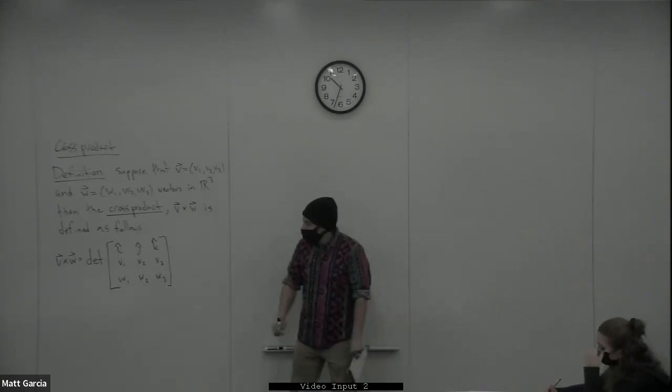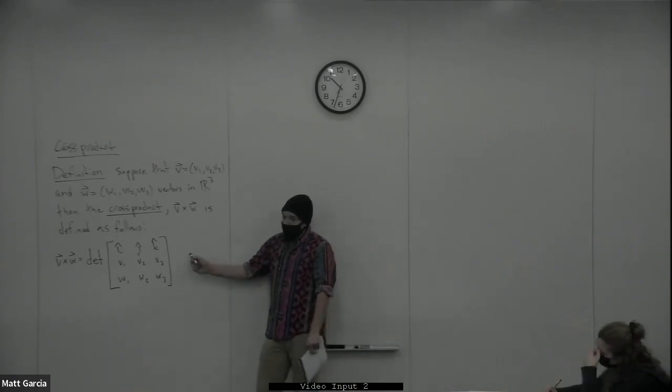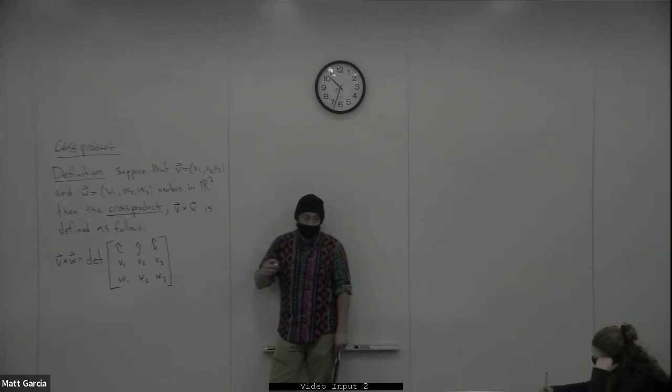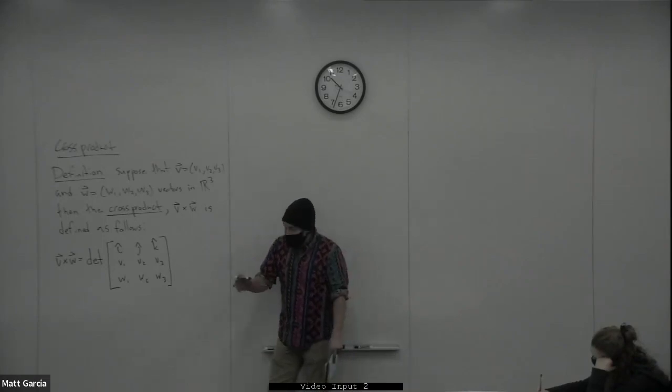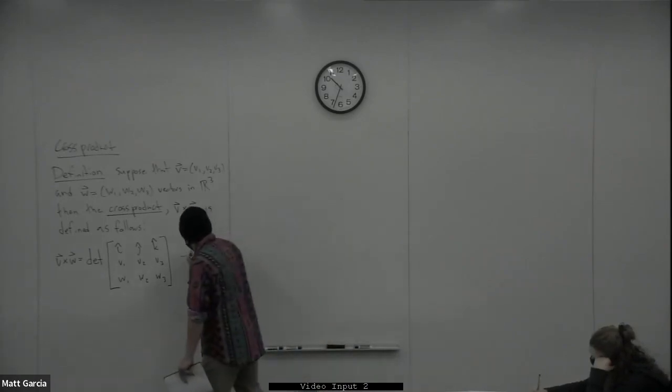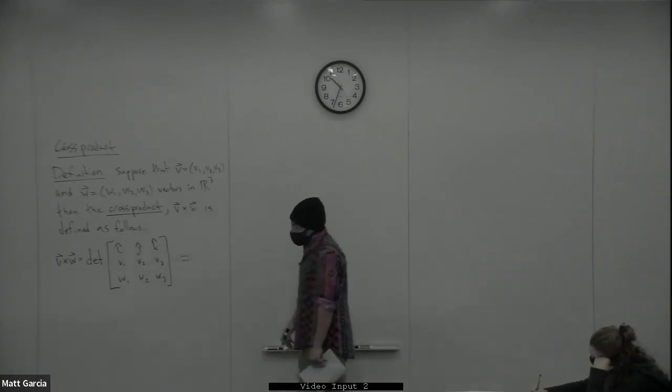So to calculate this 3 by 3 determinant, I'm going to have to calculate three 2 by 2 determinants. And the 2 by 2 determinant formula is just something you have to memorize. AD minus BC.